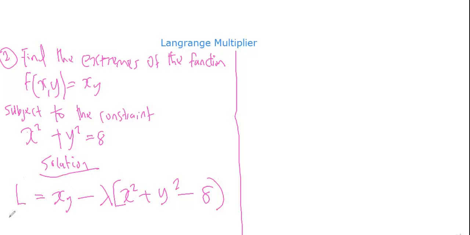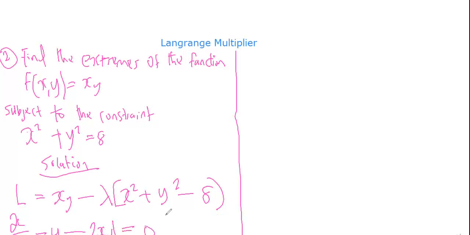So now we differentiate L with respect to x, which is going to give us y minus 2x multiplied by lambda equal to 0, right?